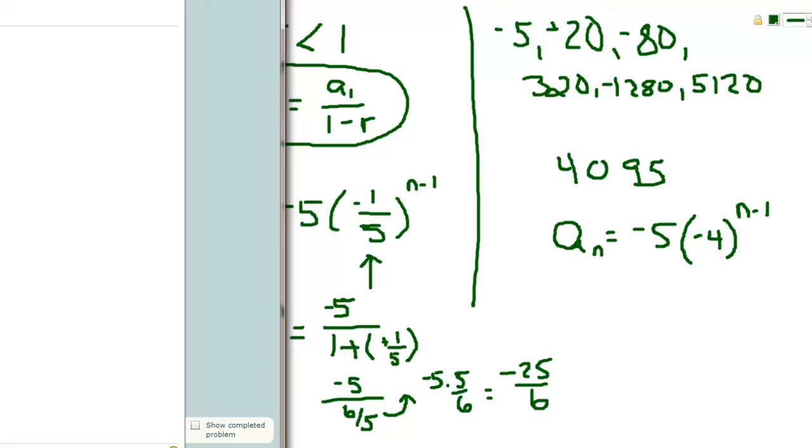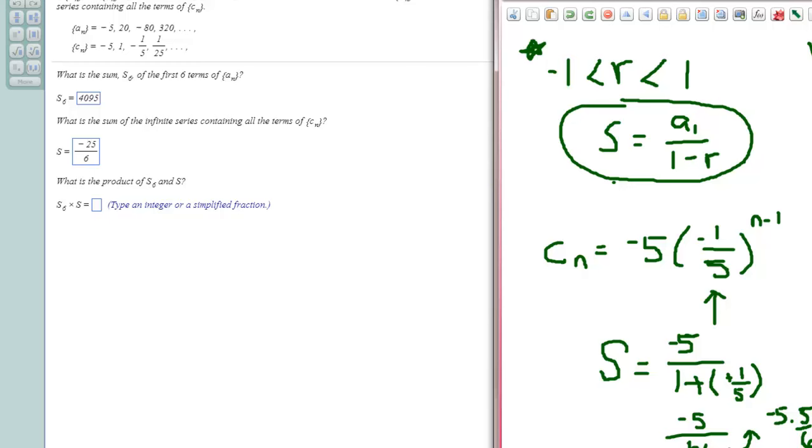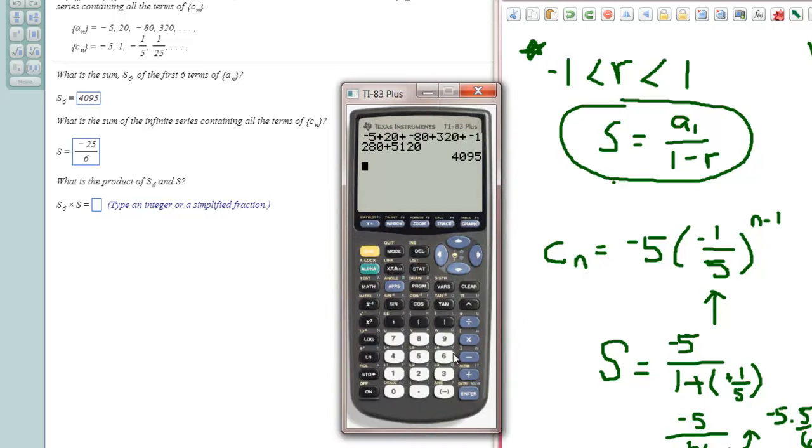And the last part says, what is the product of basically the first two? So we're going to multiply that by 4,095. All right, let's take out our handy dandy calculator. And so now that's going to be 4095 times negative 25 over 6.